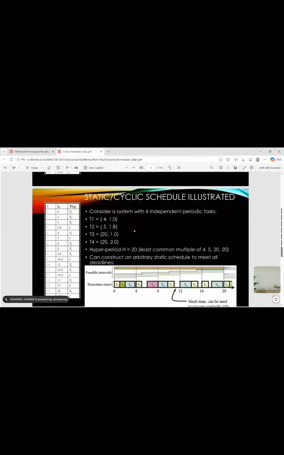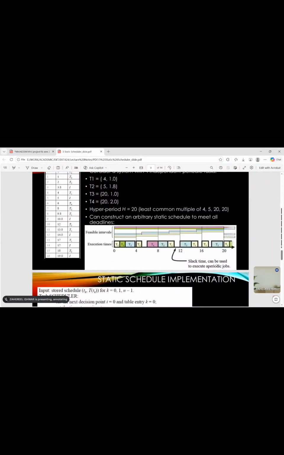One lecture notes, PDF, scheduling, static scheduling. Yeah, so T1 was scheduled at time equal to 16. Yeah, correct. Then idle at time equal to 18. Then we have another one.